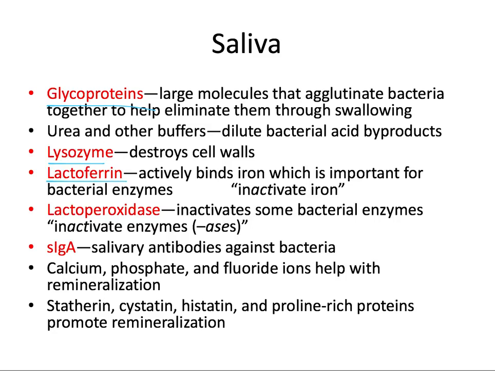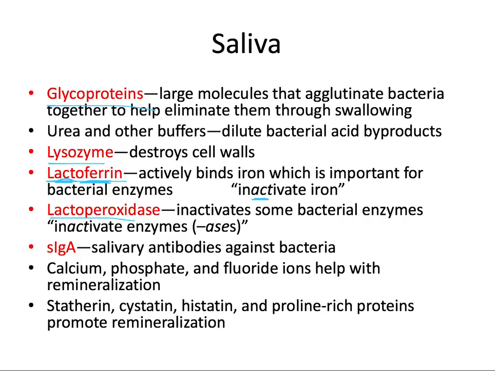So it steals away the iron that the bacteria like to use. Iron, that ferrous. And lacto, I like to remember act from lacto, inactivate, and then iron, of course, related to this stem of the word. So lactoferrin inactivates iron.